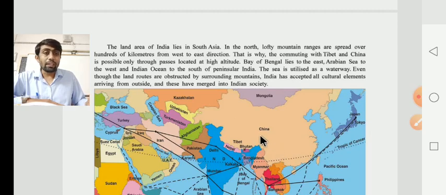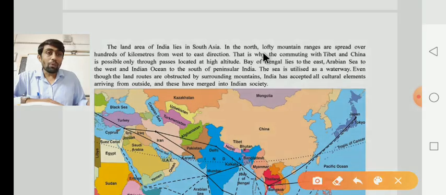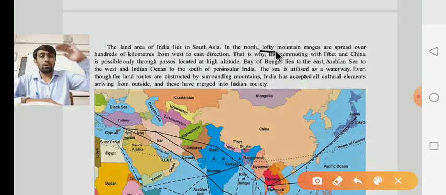You know very well that this is part of the Asian continent, and here in the southern part India is lying. In the north, lofty mountain ranges are spread over hundreds of kilometers from west to east. Dear children, you know very well that the meaning of lofty is height, ऊंचाई, उच्चतम.